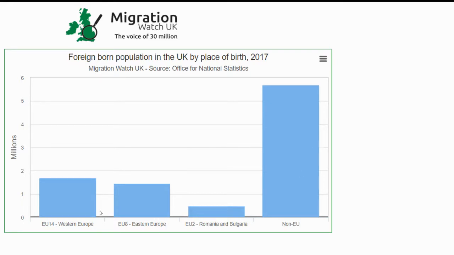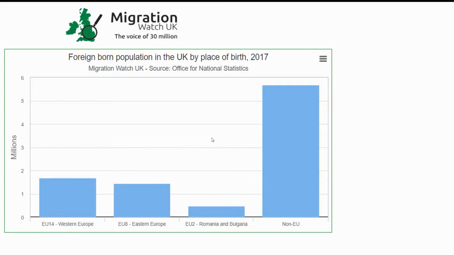So this is just the foreign-born people. Obviously, if you add these up, 5 and a bit million, 1 and a bit, 1 and a bit, this is making up perhaps a fifth of the population. So about 20% of the British population, which is a lot. Okay, maybe a little bit less than 20%, but you can see that there's a lot of foreign-born people.